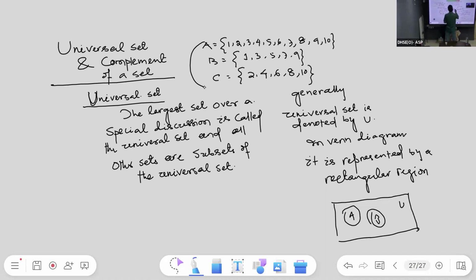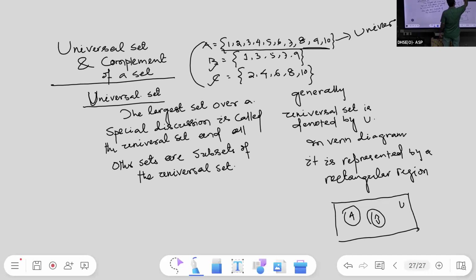The largest set. A is the universal set, and B and C are subsets of A. So here A should be considered as the universal set. In a special discussion, the largest set should be considered as the universal set, and all other sets are subsets of the universal set.